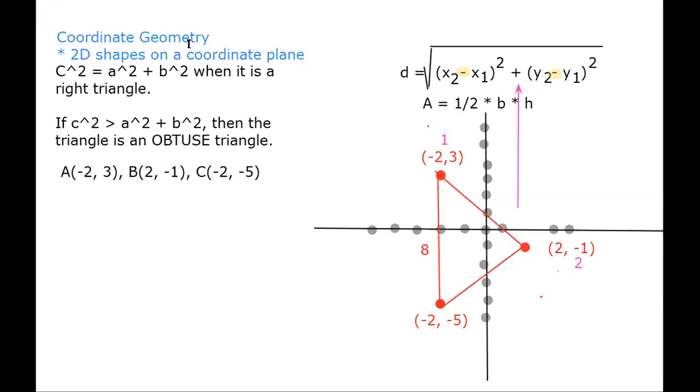So for that top side, the distance is the square root of x2, that's 2, minus x1, -2, quantity squared, plus y2, that's -1, minus y1, which is 3, squared.